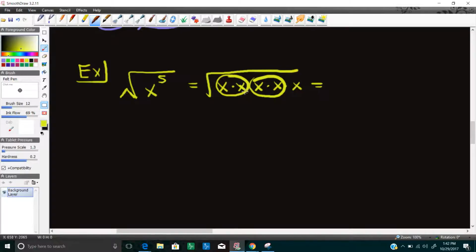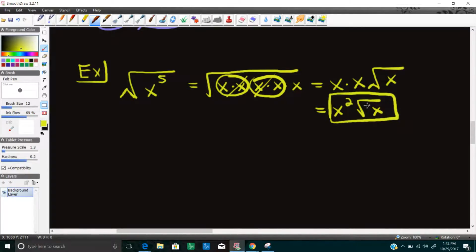Since I only circled 2 pairs, I'm only going to pull out 2 x's. So I have x times x, and the square root of the one that's left over. And of course, x times x is just x squared. So this is what I end up with.